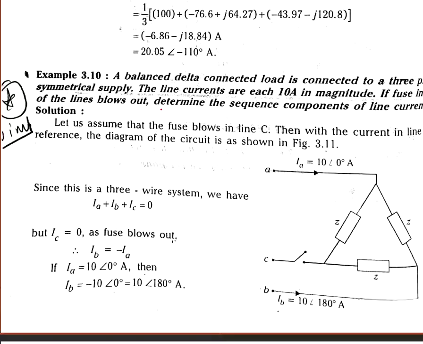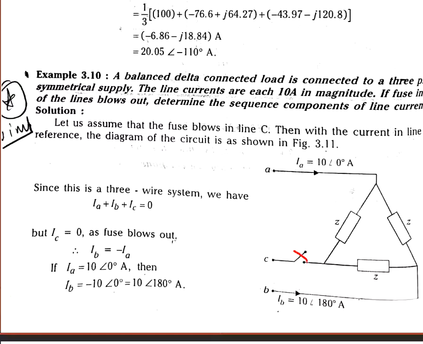See, there is an initially delta connected balanced system, right? Unfortunately, the fuse on line C has blown out, which means this line had been cut out.